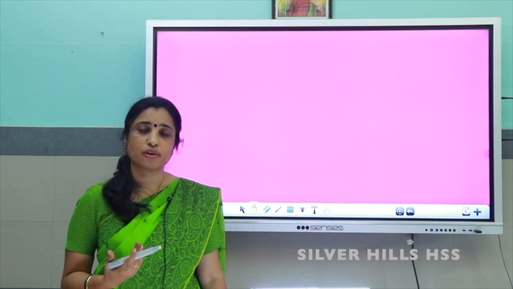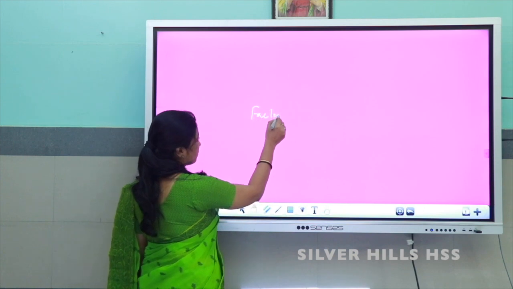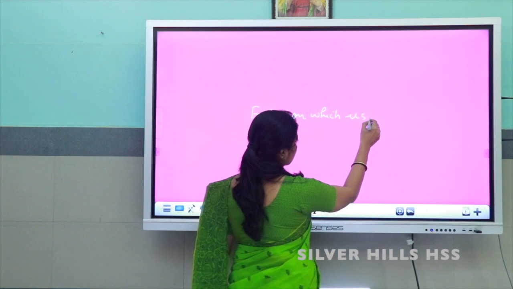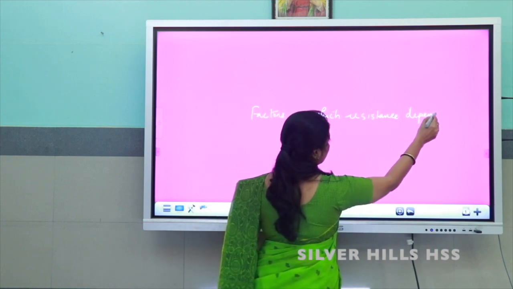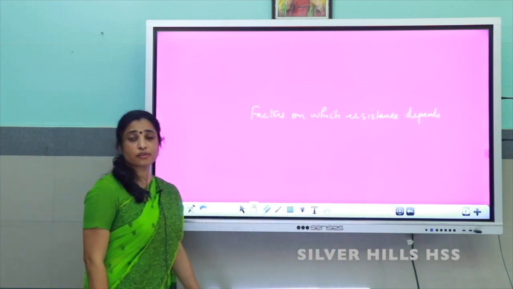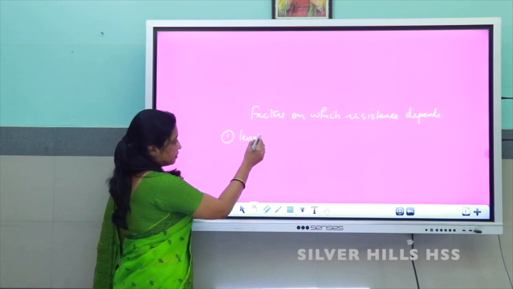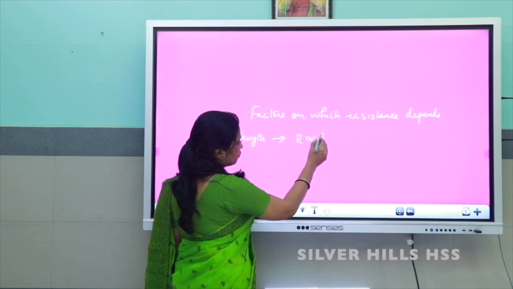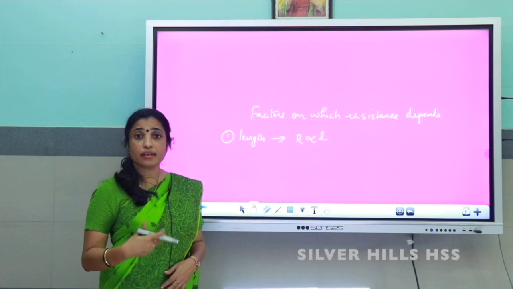Now let us see the factors on which the resistance of a conductor depends. The first factor is the length of the conductor. Resistance is directly proportional to the length of the conductor. The longer the conductor is, the higher the resistance.